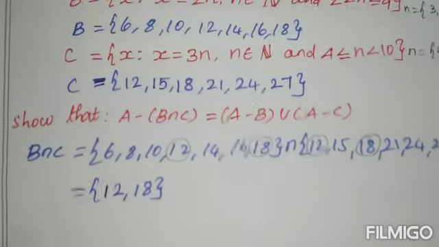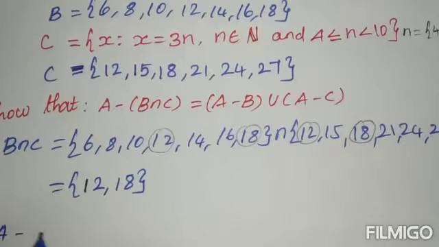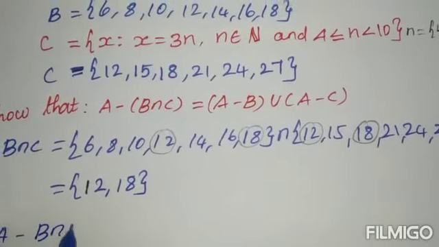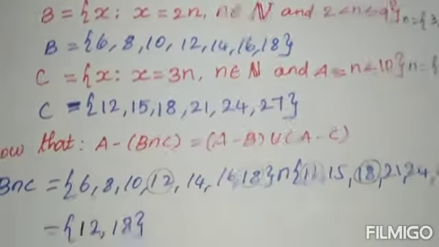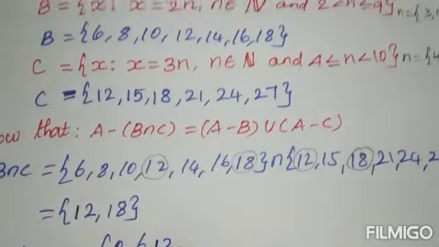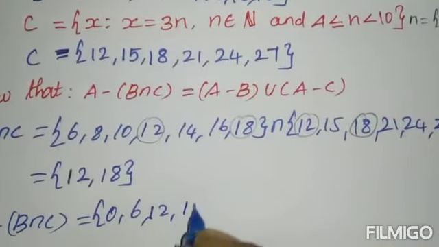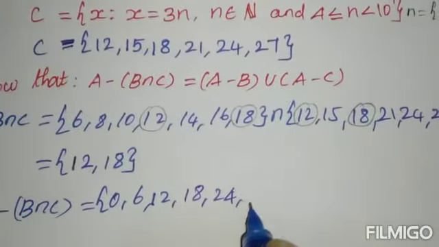So now we can find the LHS. That means A difference of B intersection C is equal to, first listing the elements of A. So elements of A are 0, 6, 12, 18, 24, 30.